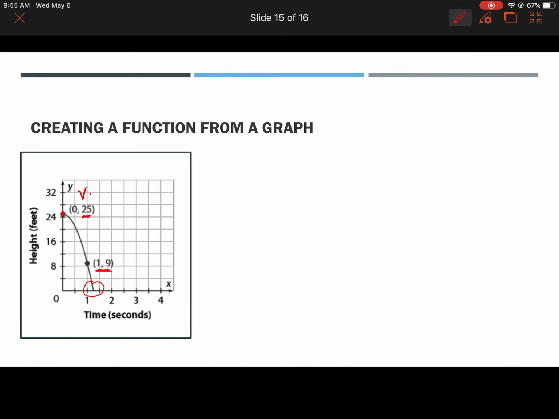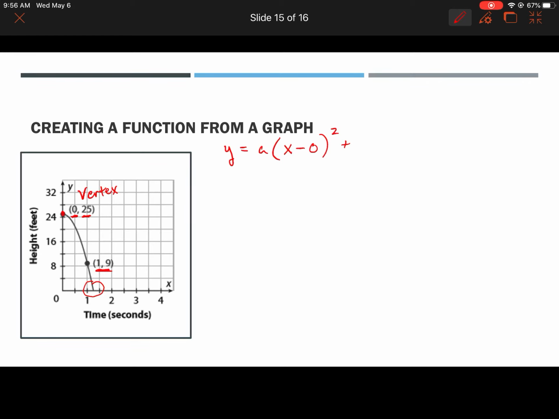So we're going to start with this vertex, 0, 25, and we're going to fill it into our a times x minus h, but now our x minus h, the opposite of 0 is just 0. There's no opposite, so we're just going to use 0. And then the y value is 25.